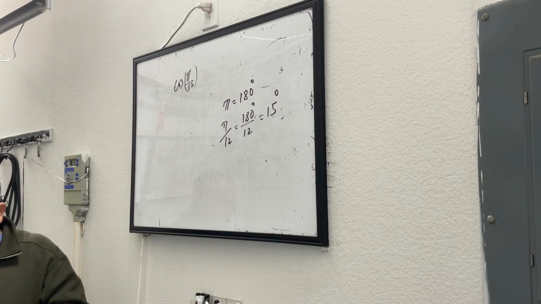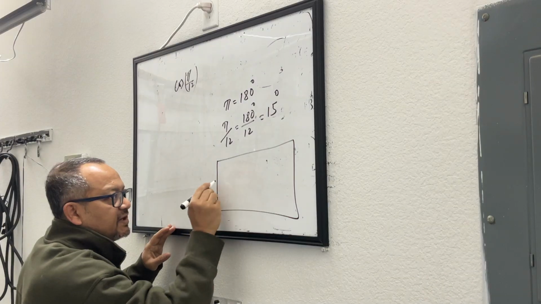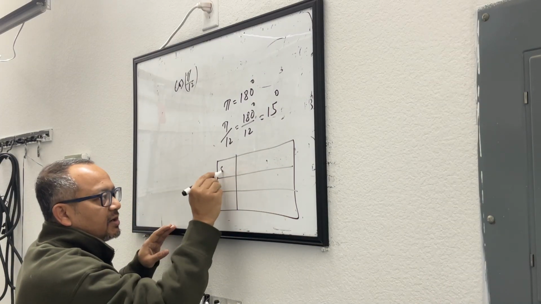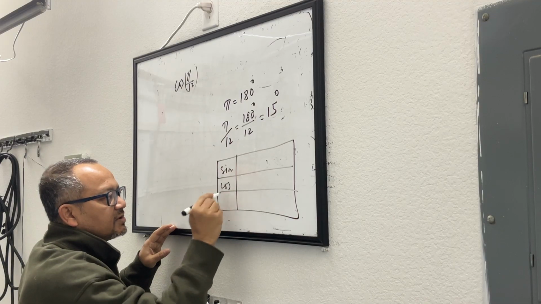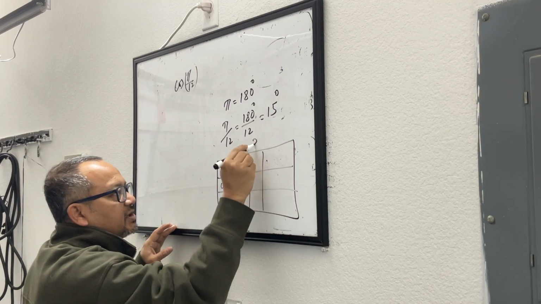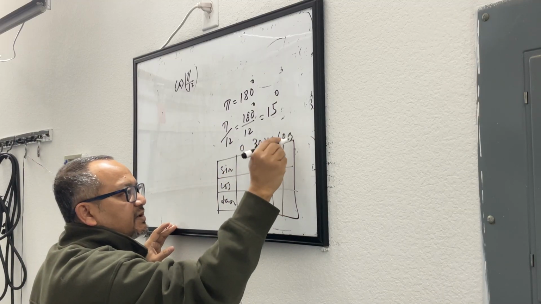And if you go back to this table that you have seen, that I have kind of bothered you guys to remember: sine, cos, tan, for 0, 30, 45, 60, 90.